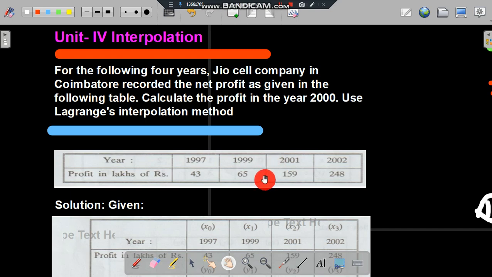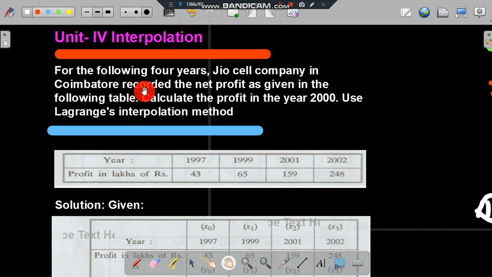Similarly, take for example 2005. It is not given in this data. What would be the output, I mean, what would be the profit in lakhs by the GeoCell company in Coimbatore? That is also not given here.